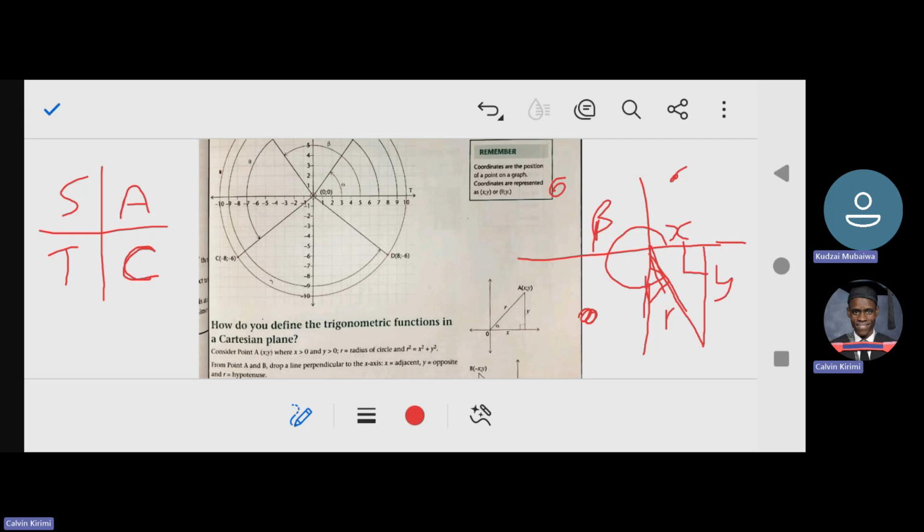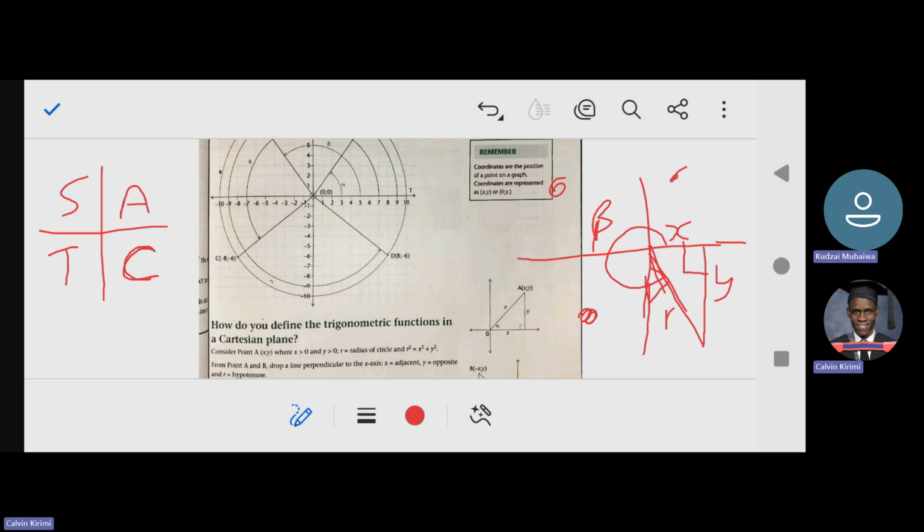So calculate what? Let's start with what? Sine. Sine beta. Sine beta is what?